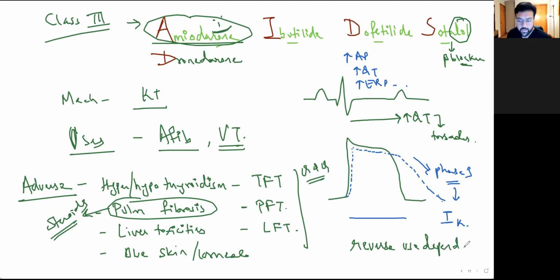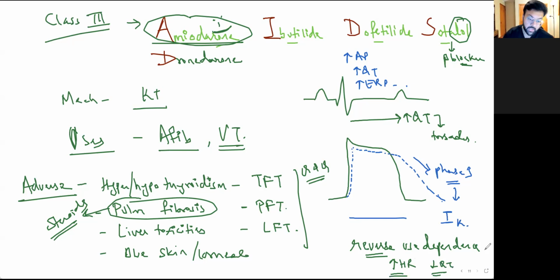What do you mean by reverse use dependence? More heart rate, less QT prolongation. Less heart rate, more QT prolongation. So if you increase the heart rate, there will be less QT prolongation. This is called reverse use dependence.